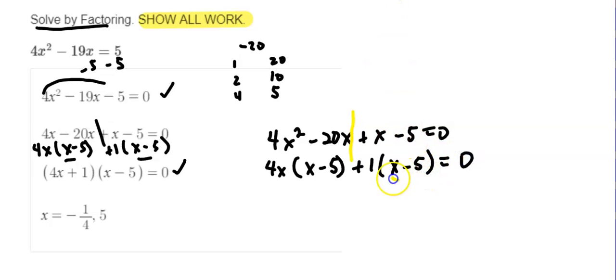So again, getting that common factor there lets me know I did something right, and then I put on my happy face to get my factorization of 4x plus 1, maintaining the x minus 5. And then show your solutions. So you need this, this, this, and that, obviously, in terms of showing your work.